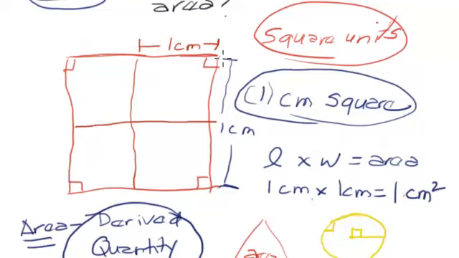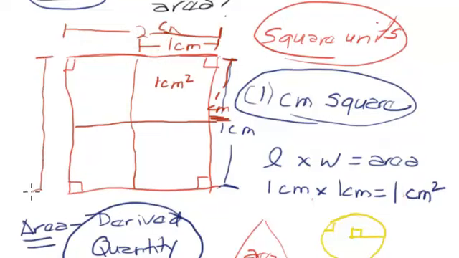Okay? And this over here is 1 centimeter down to here. That makes this square 1 square centimeter in area. It also makes this side 2 centimeters, and this length over here 2 centimeters. That means each one of these is 1 square centimeter, right?